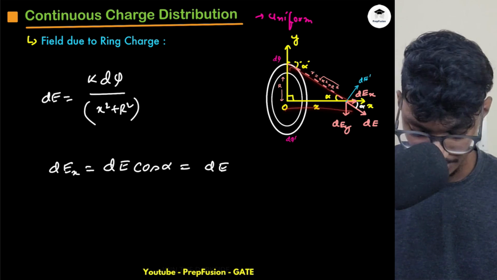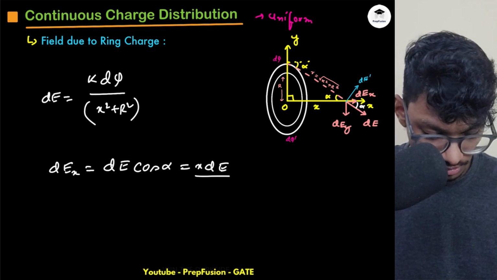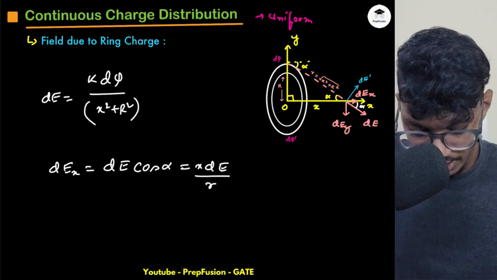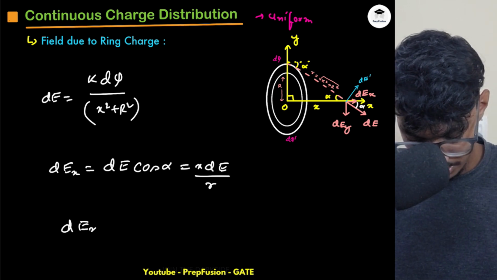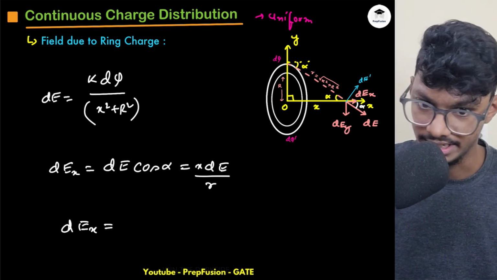Base upon hypotenuse, so it will be x by r. Okay, x by r. So if I do this here, my dE_x, which is what I'm interested in, because dE_y will anyway get cancelled.